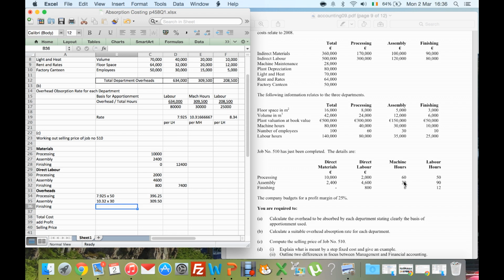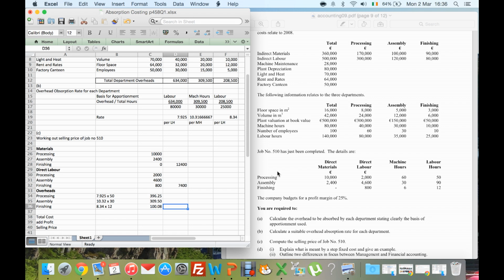And then the finishing department, well, it's 834 times how many, and this one here is based on labour hours. So how many labour hours will be involved in this job? There's going to be 12 involved in this job. So it's the rate, 834, and then multiply by 12.